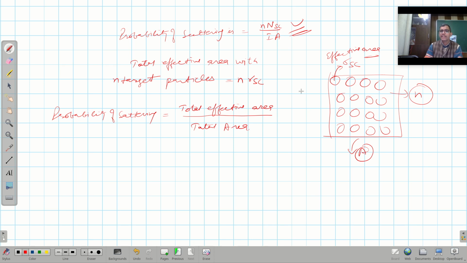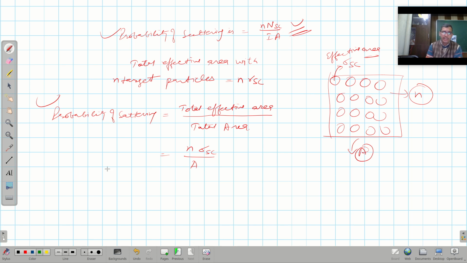Earlier I defined it in terms of the incoming flux density. Now I am talking in terms of area. So the total effective area is n sigma_SC, and the total area is A. So both of these are defining one and the same quantity. Both are talking about the probability of scattering, and that means both can be equated mathematically.